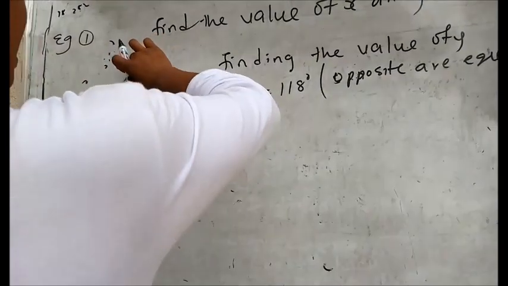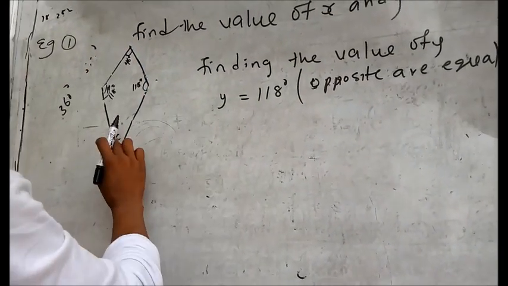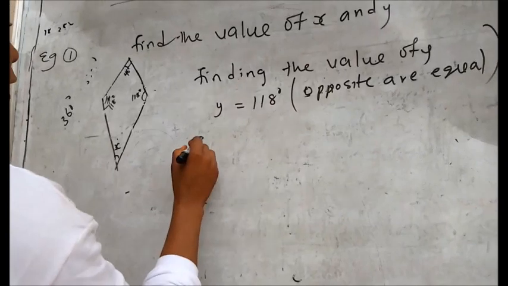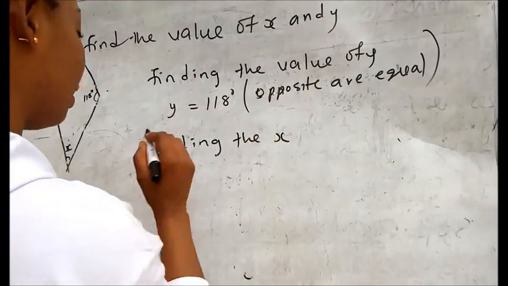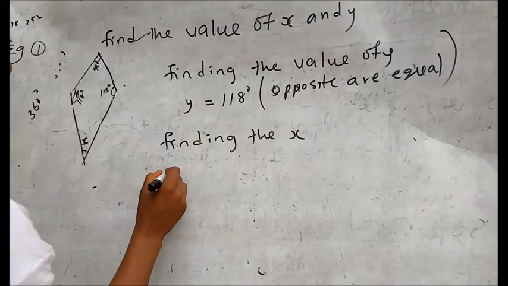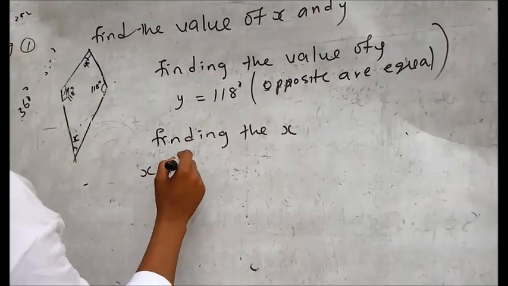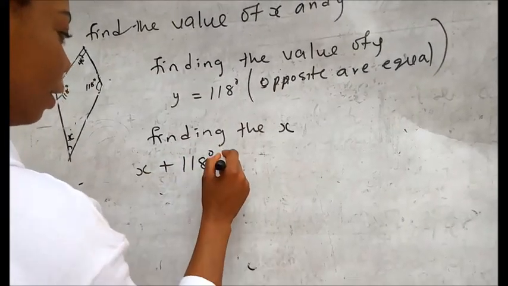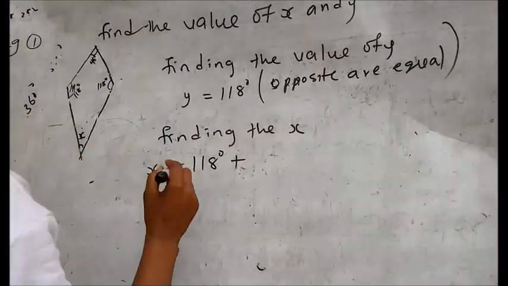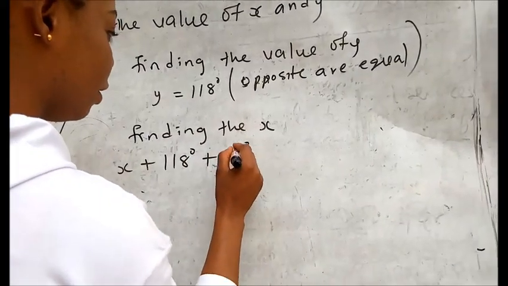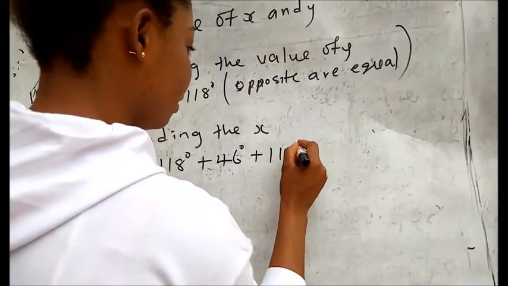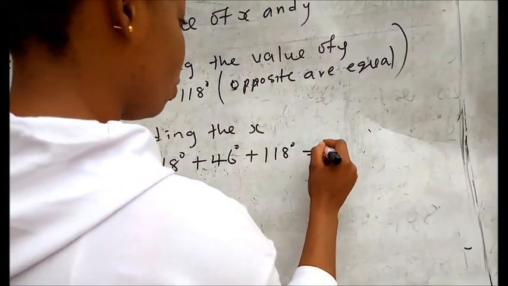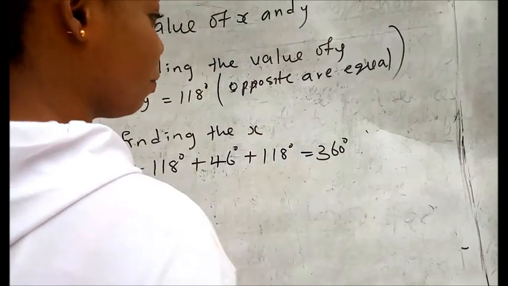Knowing that the angles inside a quadrilateral sum to 360 degrees, and we are looking for the value of x, x plus the angle here, 118 degrees, plus the angle here, 46 degrees, plus the angle here, 118 degrees, equals 360 degrees.